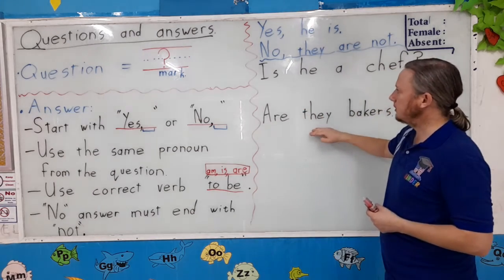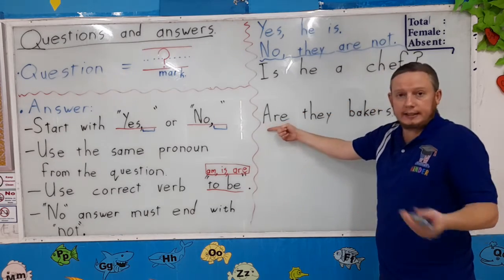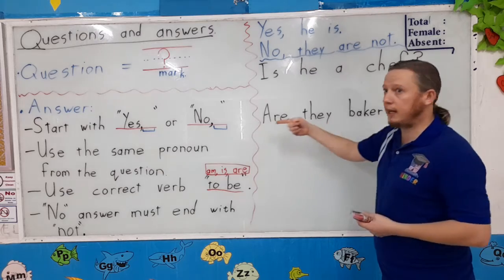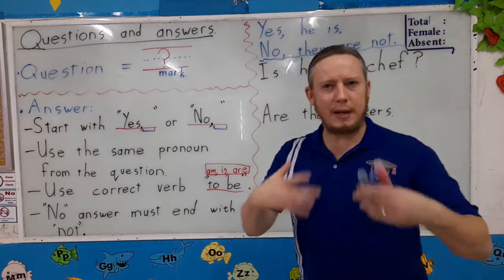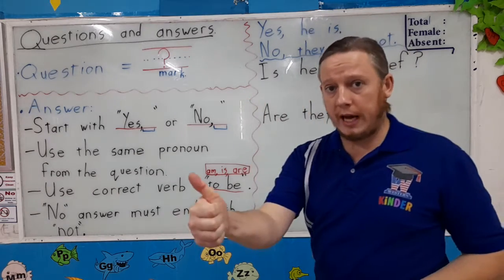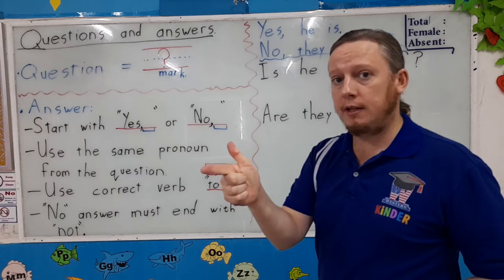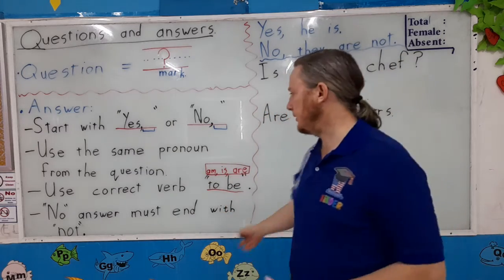Are they? Remember, verb to be is am, is, are. Are, it's here. Are they? They are. Okay, when we write the sentences, it'll make even more sense. But help me remember that we use the pronoun and the verb to be from the question, and our answers are going to be perfect.